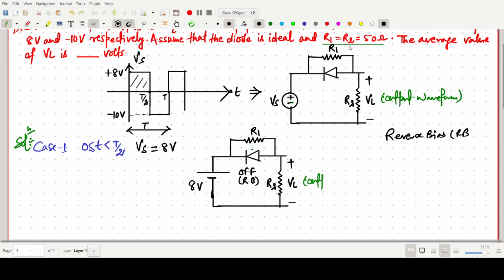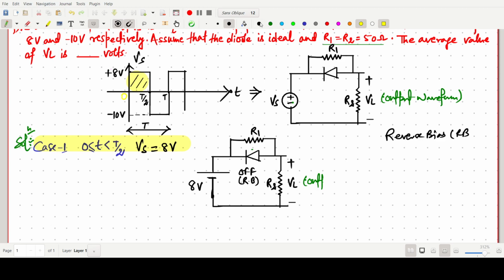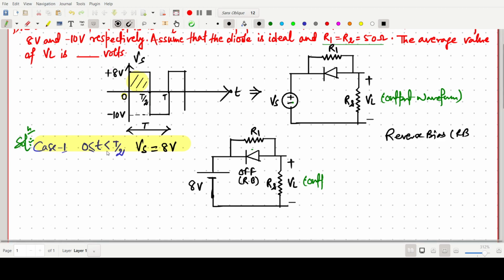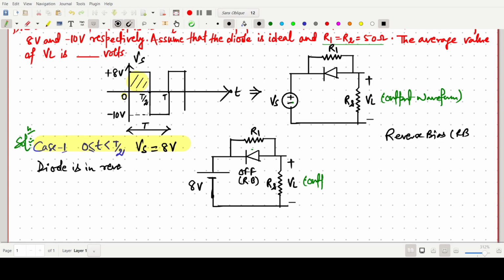So for case 1, from 0 to T by 2, the value of Vs will be 8 volt, and during that time the diode is in reverse bias. Reverse bias means the diode is open circuited.